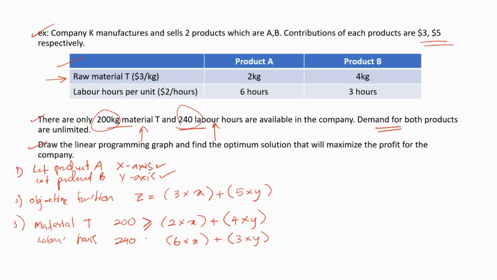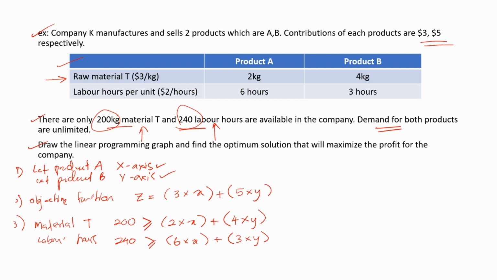Since labor hours is a constraint for the company, they only have 240 labor hours. So this is greater than or equal to the usage of labor hours in order to produce product A and product B. This is how we can construct the functions for each constraint.